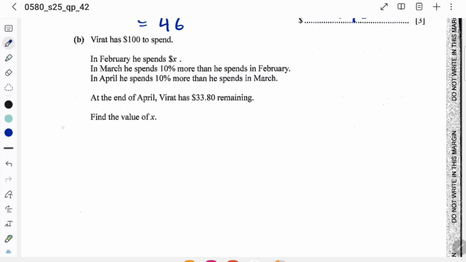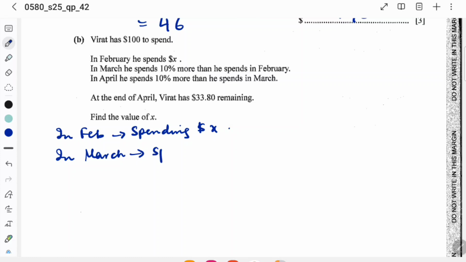In Feb, the spending is X dollars. In March, spending, we are going to find out. All right, in Feb it is X, the original one, which is 100. This is Feb. In March, I cannot take X because I don't have any relation with it, so I'll write down Y, but it is 110.